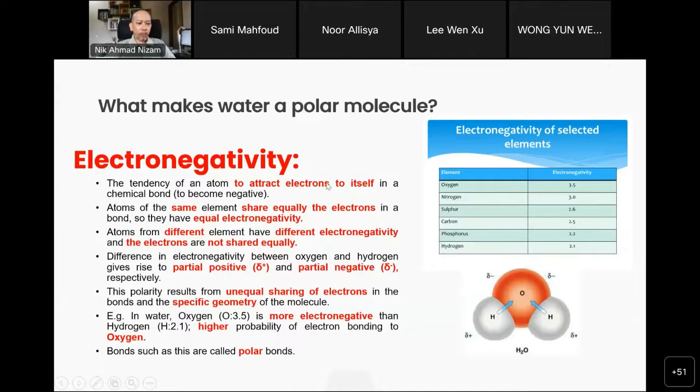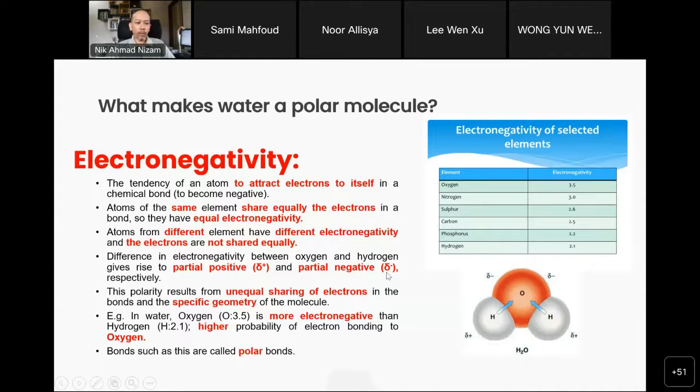And atoms from different elements, such as O and H here, have different electronegativity, and the electrons are not shared equally. If you can see here, the difference in electronegativity between oxygen and hydrogen gives rise to partial positive and partial negative.